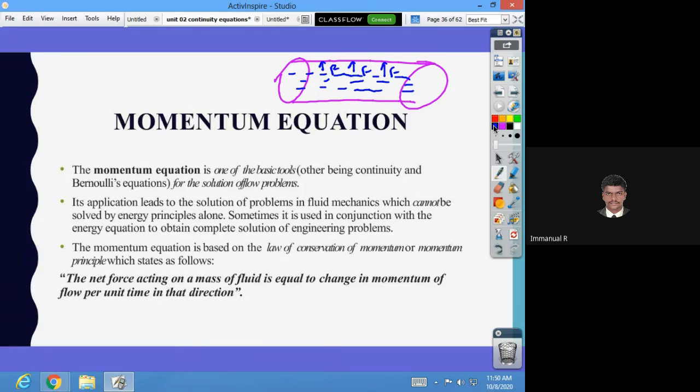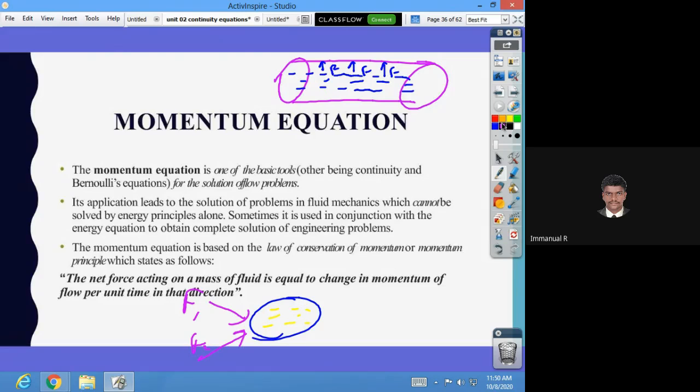The net force acting on a mass of fluid is equal to the change in momentum of flow per unit time in that direction. Let us consider a fluid particle. There are two forces acting upon this fluid particle, F1 and F2.